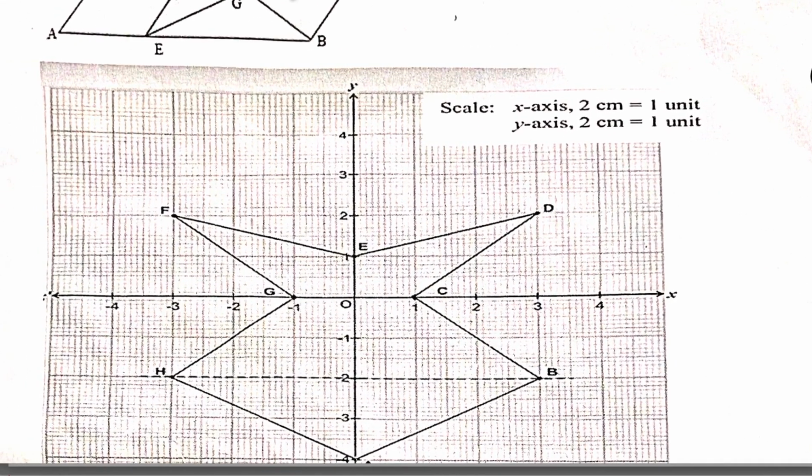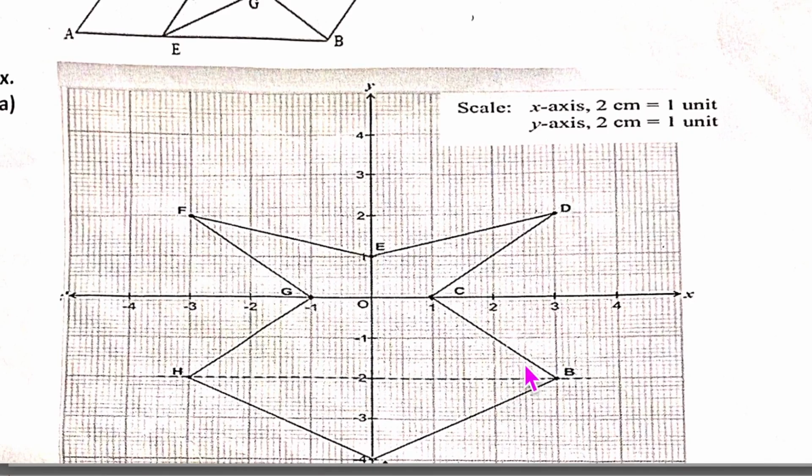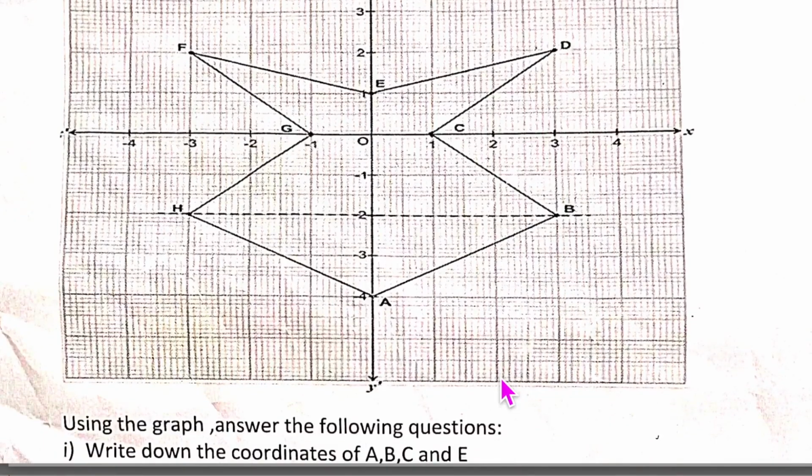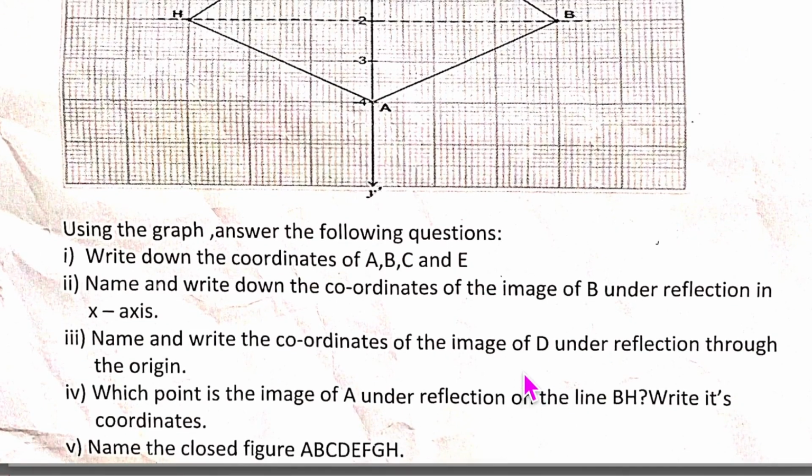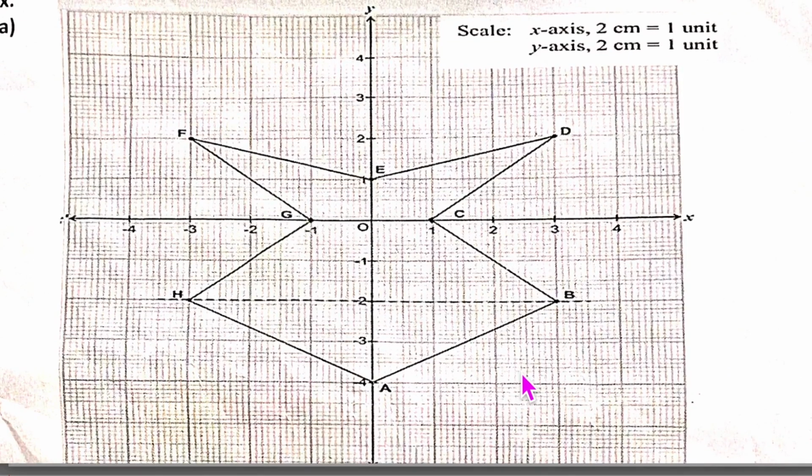Now question number 10. Tell me when you are done. Done. Hmm. They are giving you this graph and they are saying write down the coordinates of A, B, C and D. This is pretty simple. Your A will be equal to, where is A? Here. What are the coordinates? Tell me. 0 comma minus 4.